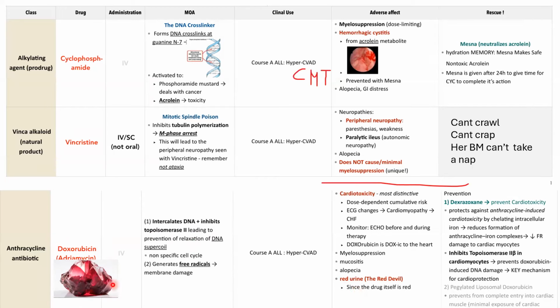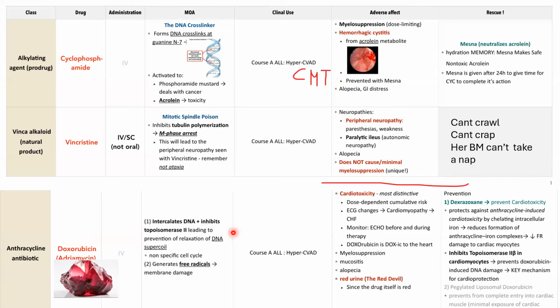Another thing, this picture reminds me of a heart. It's red, shaped almost like a real heart. So remember that the most distinctive adverse effect of doxorubicin is cardiotoxicity. Really, really important. If the question tells you cardiomyopathy or congestive heart failure or ECG changes, anything related to the heart, then this is usually the culprit.